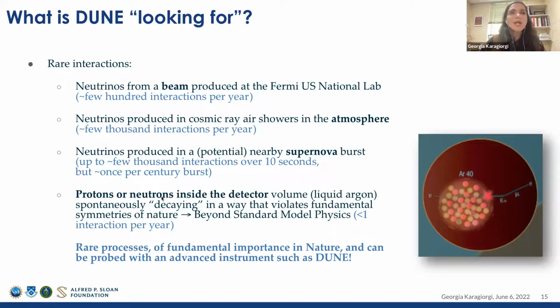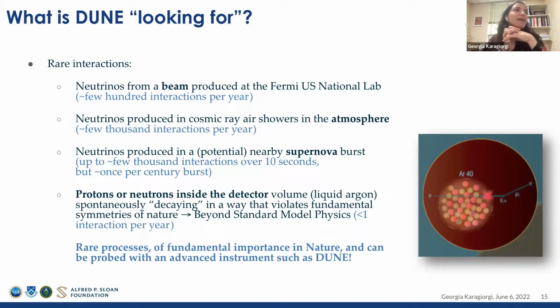For example, even the matter within the detector itself, the protons and neutrons inside the argon atoms of the detector volume. There are theories beyond the standard model of particle physics, so new physics theories, that predict that these protons or neutrons might decay in a way that violates fundamental symmetries of nature.